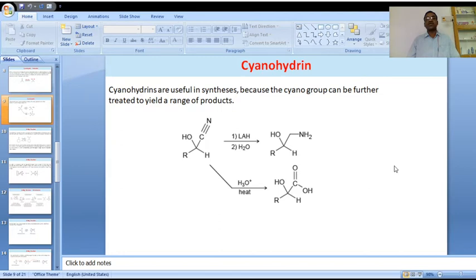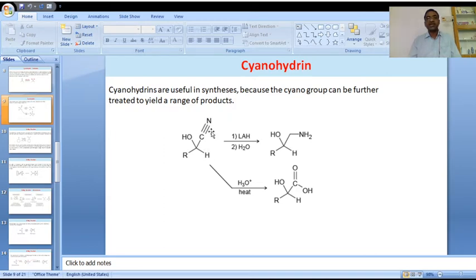This cyanide group on reaction with further reagents gives various compounds. Here please observe, this is the cyanohydrin, with the cyanide functional group, the triple bond between carbon and nitrogen.